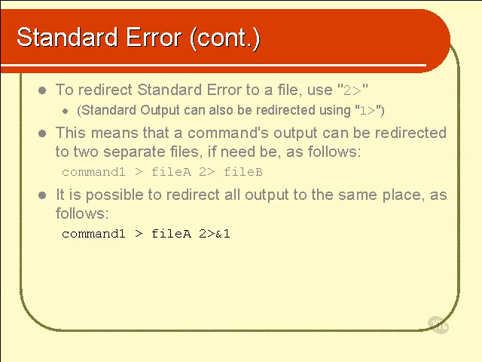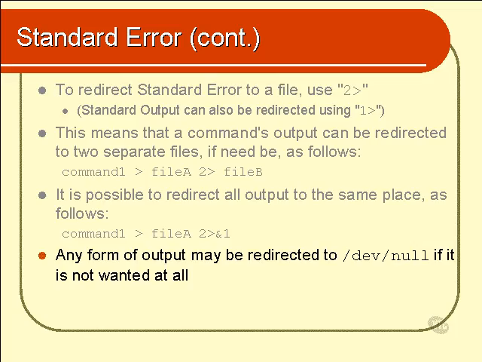Finally, it's just interesting to note, and this hasn't really got anything to do with standard error, that if you don't want to see either one of those two different types of output, either standard error or standard output, you can redirect them to a special file called /dev/null. And you can think of /dev/null, or dev/null as we call it, as just a black hole.